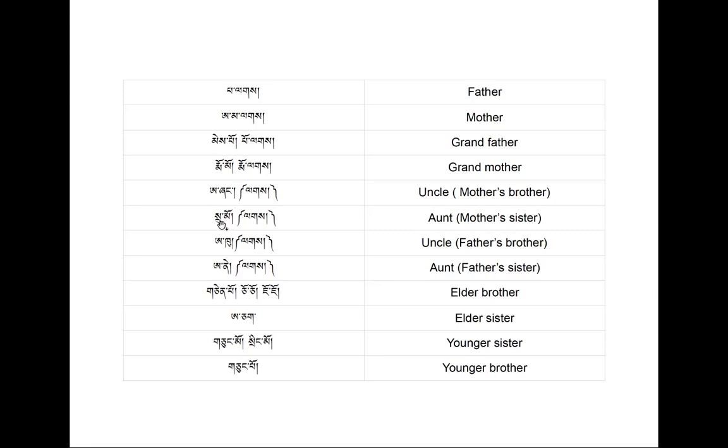Somola, which is aunt as mother's sister. Akula, which is uncle, but now from father's side, so father's brother.